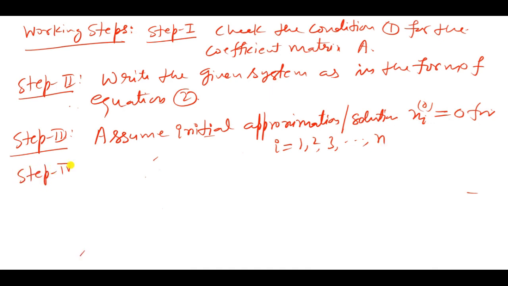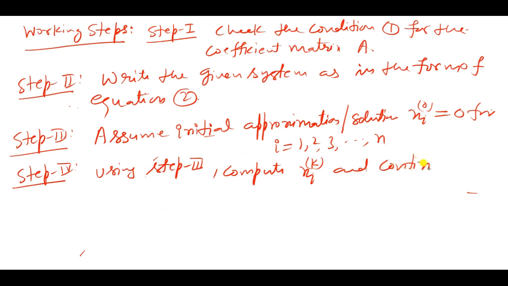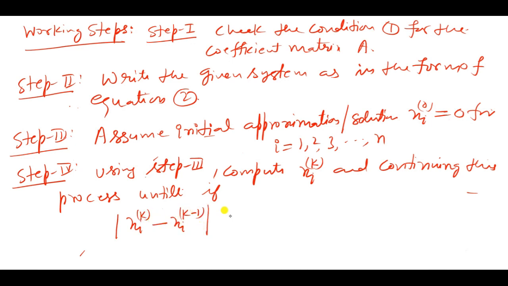Step 4, using step 3, compute xi k and continue this process until the absolute value of xi k minus xi k minus 1 is less than the error, and this error is equal to 1 by 2 times 10 to the power minus k, where k is the number of decimal places.